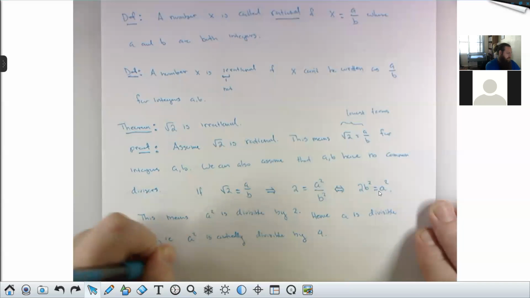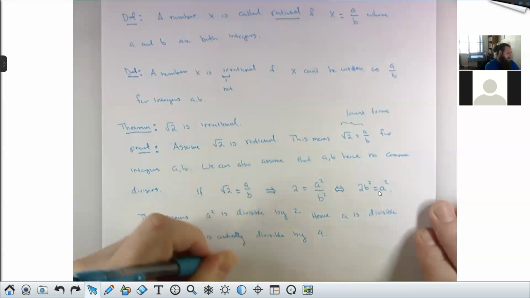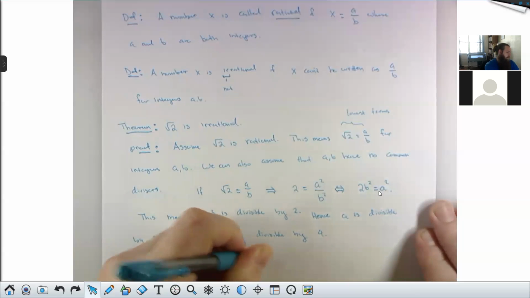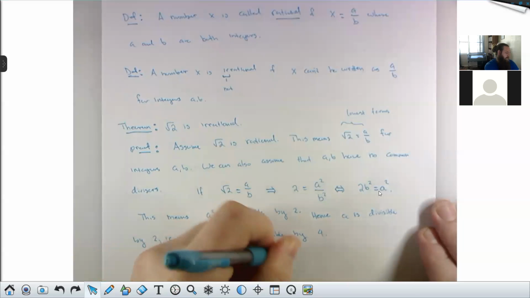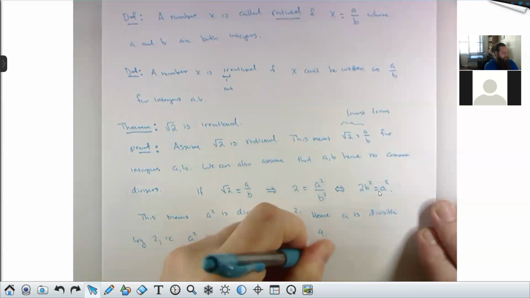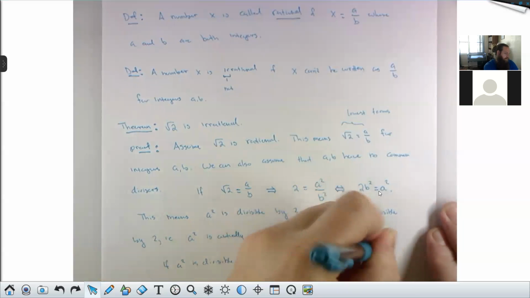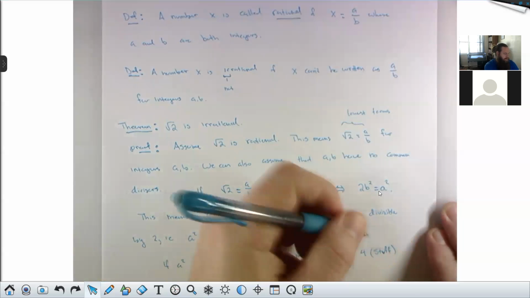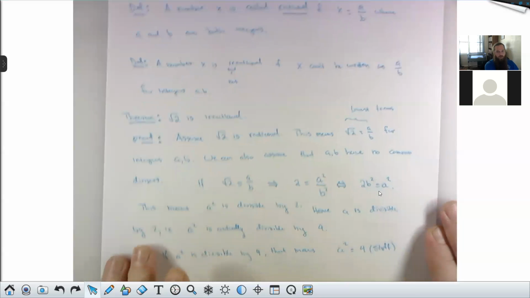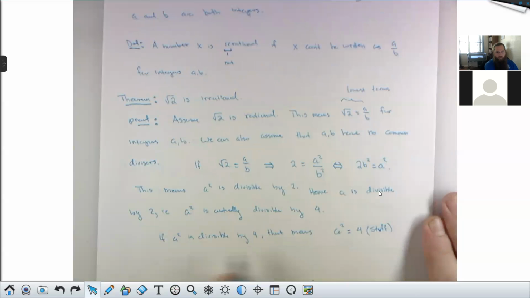So if a squared is divisible by 4, that means a squared is equal to 4 times some stuff. I don't know what the stuff is. It's some other integer. But that's what it means for an integer to be divisible by 4. It means when you divide a squared by 4, you get an integer. It's equal to 4 times something.